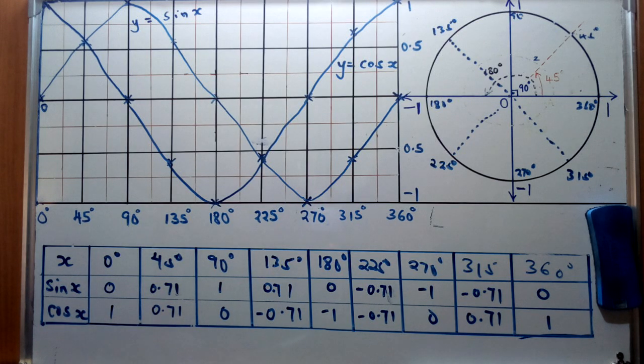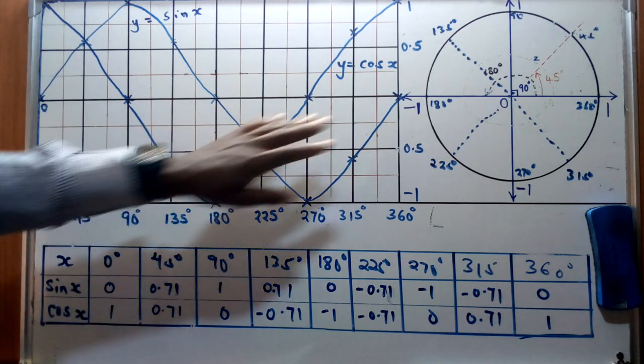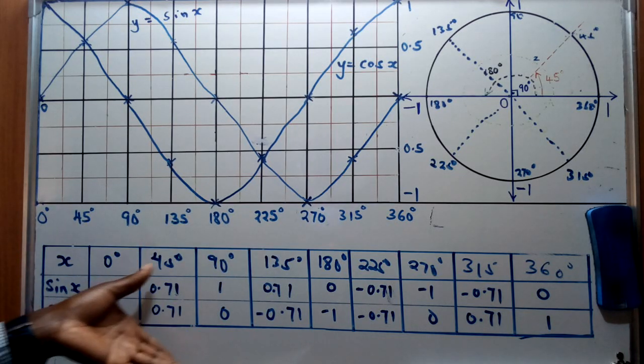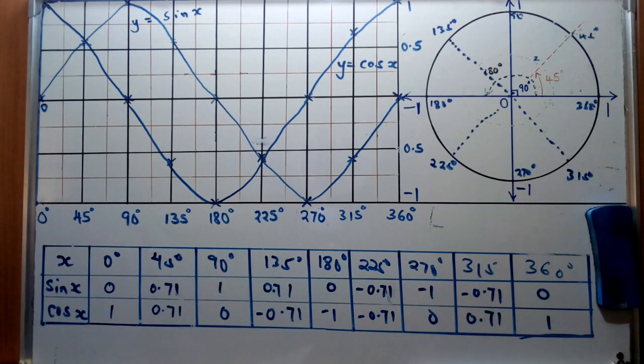I hope this is going to assist us in understanding how to do different plots in case we come across them, and to interpret some of the things that we have mentioned concerning the graph, the unit circle, and the values represented inside this table. I hope that is going to play an important role for us.